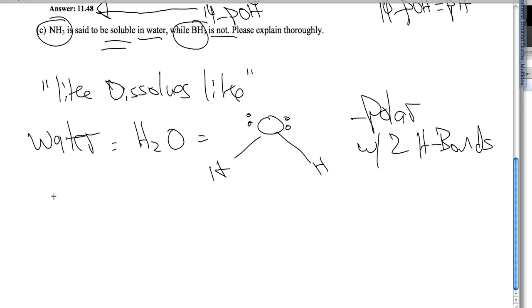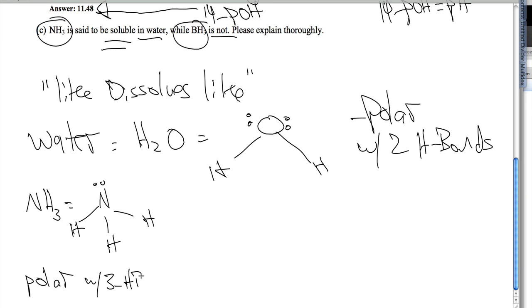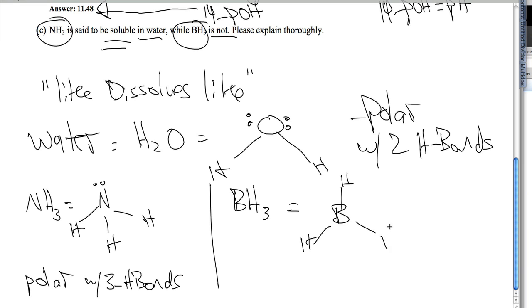Okay, let's do NH3. NH3 is N, H, H, H. So that is polar with 3 H bonds. And BH3 is B, and three H's.